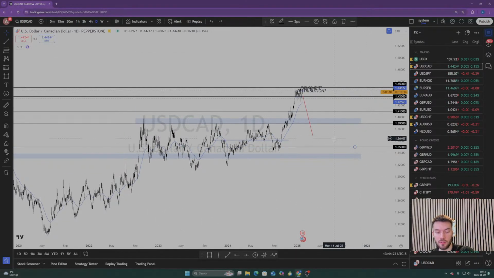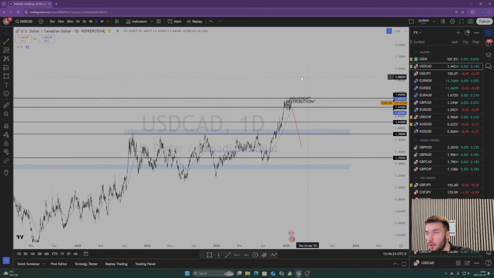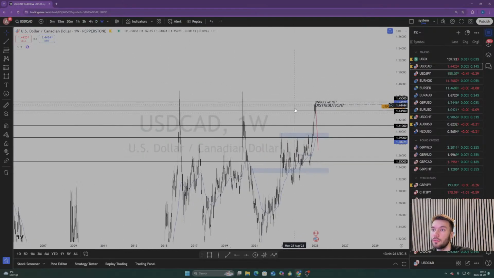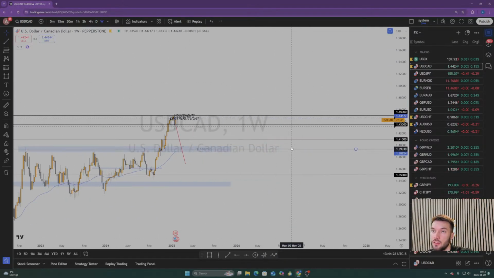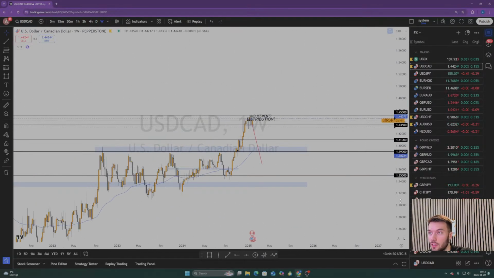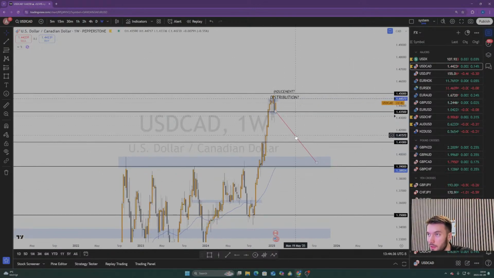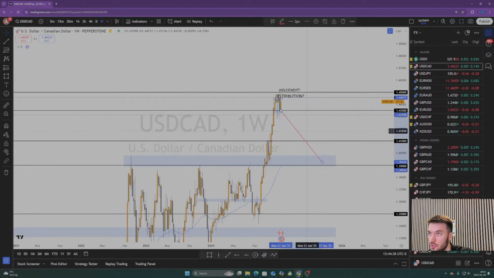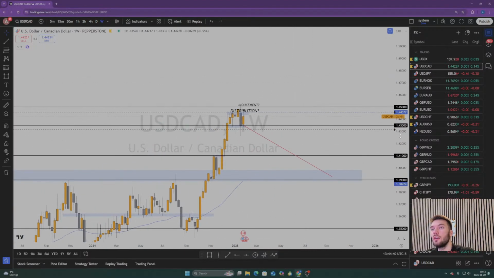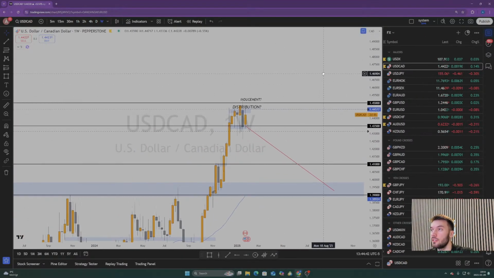I mean, we can still move upward on a higher time frame. But I mean, look at this. It's just ridiculous how price has been moving. No proper retracement. I am predicting a huge correction here. But for now, it looks very scary.